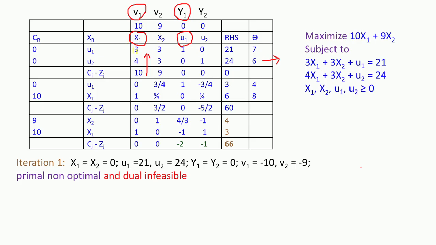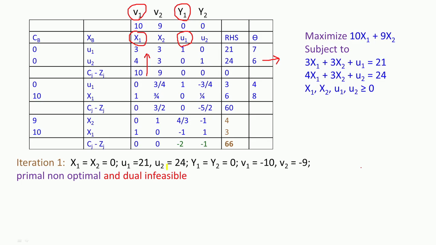Now let us apply the complementary slackness conditions for this solution. If x1 is equal to 0, then v1 is in the solution; x2 is equal to 0, v2 is in the solution. u1 and u2 are in the solution in the primal, therefore y1 and y2 are 0.